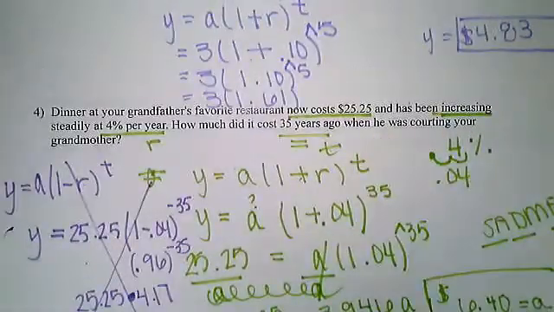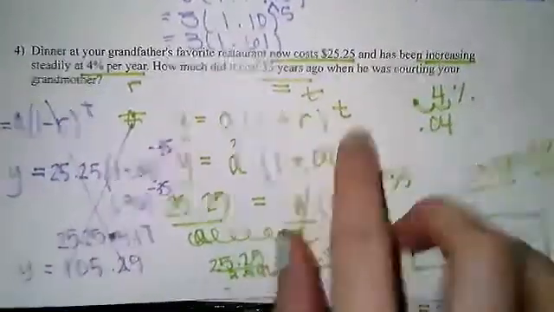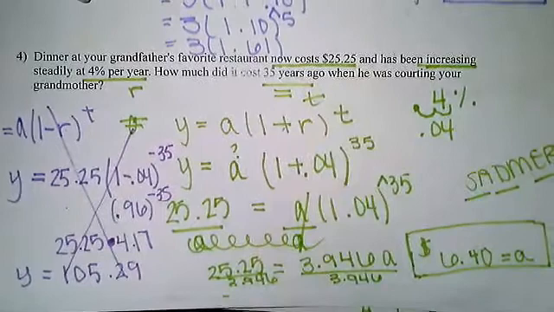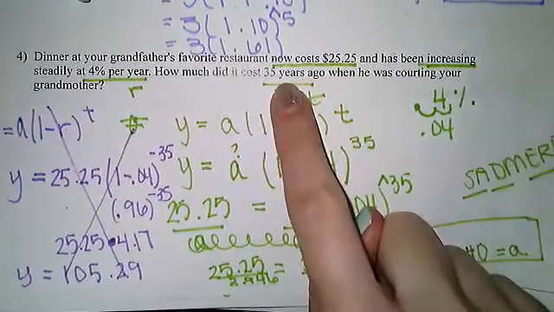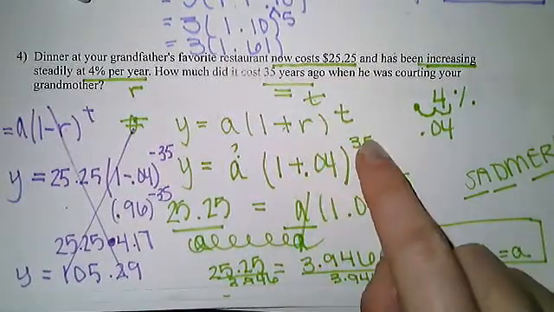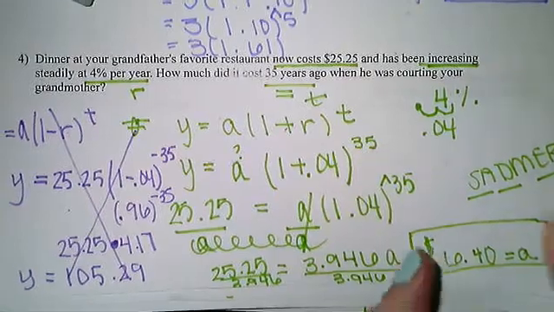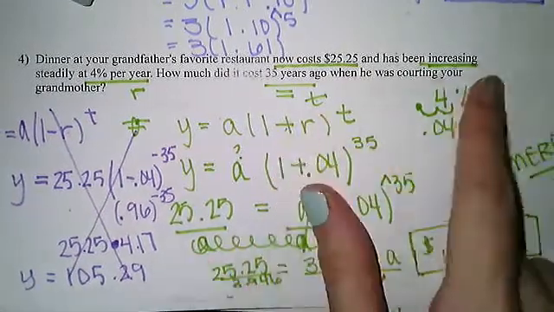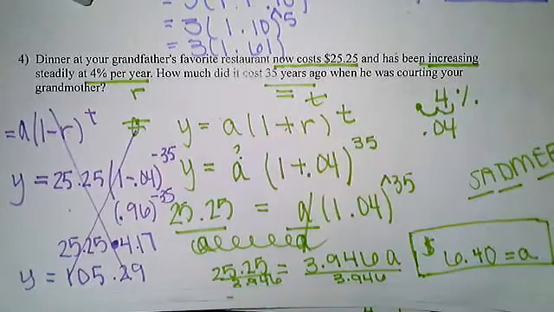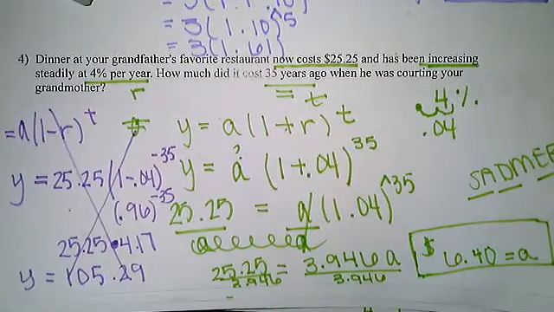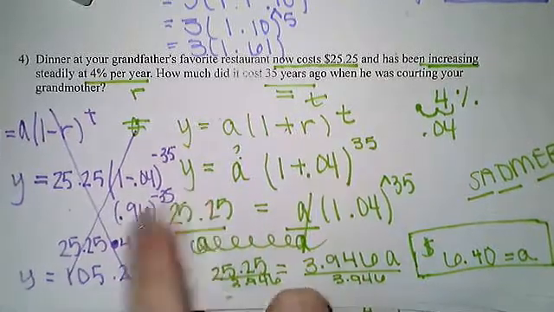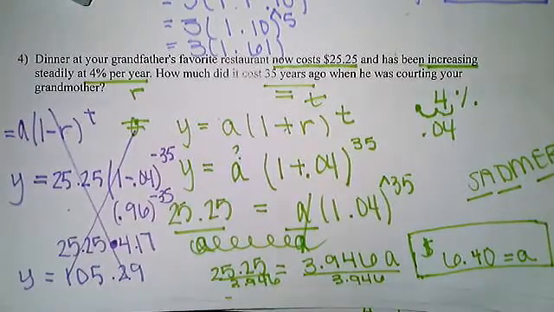But it's good to know that when we have a problem like this and we have the ending amount, but we want to go back in time, we can still use 35 as our time, and we can still use the plus for increasing, but we have to solve it a little bit differently in order to get our starting amount.